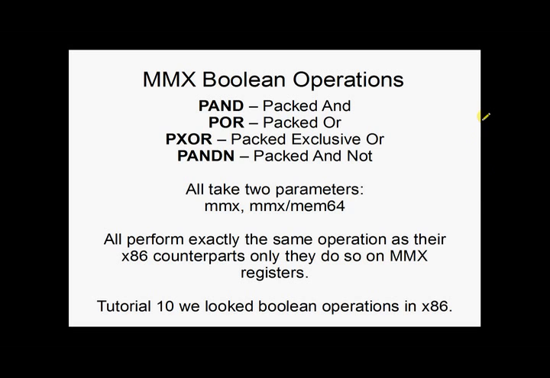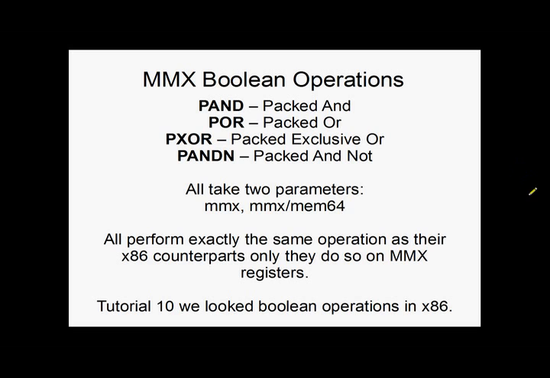There's four of these. We've got packed and, packed or, packed exclusive or, and packed and not. So this third one here will probably be new, but the others you probably recognize from regular x86 assembly. They all take two parameters as per usual with MMX. We've got an MMX register as the first parameter, and the second can be an MMX register or a 64-bit memory operand.